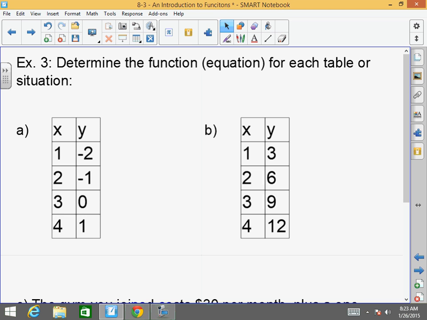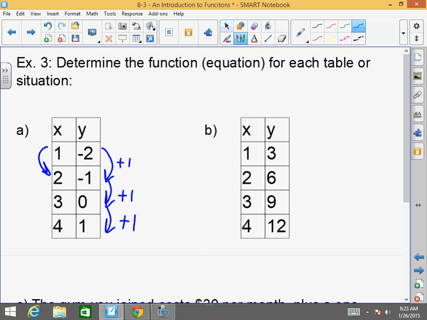So from negative 2 to negative 1, I added 1. From negative 1 to 0, from 0 to 1, from 1 to 2, from 2 to 3, from 3 to 4.